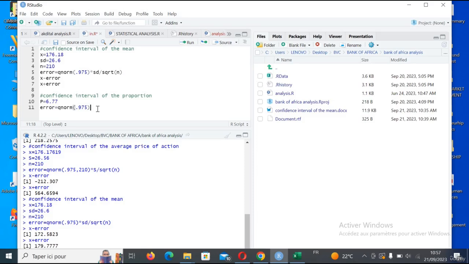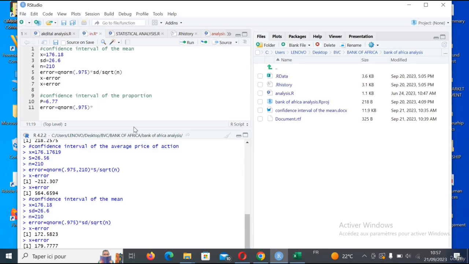So multiply by, so what we have here is the qnorm distribution multiplied by, pay attention to that, the square root of p multiplied by 100 minus that p, which is 100 minus 6.77, divided by n.